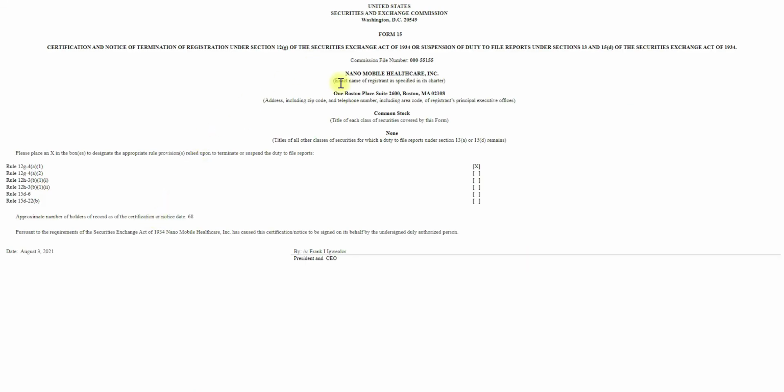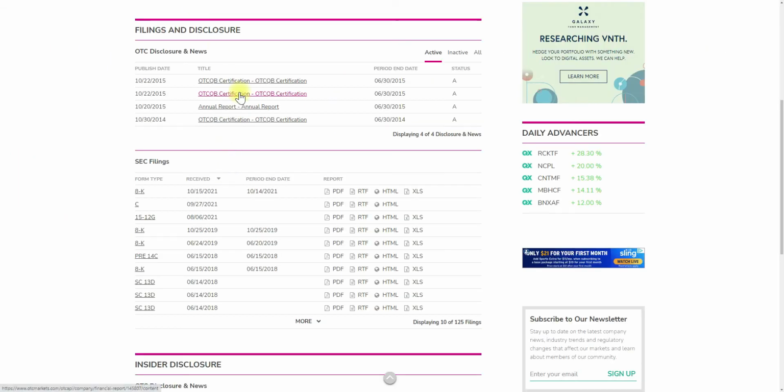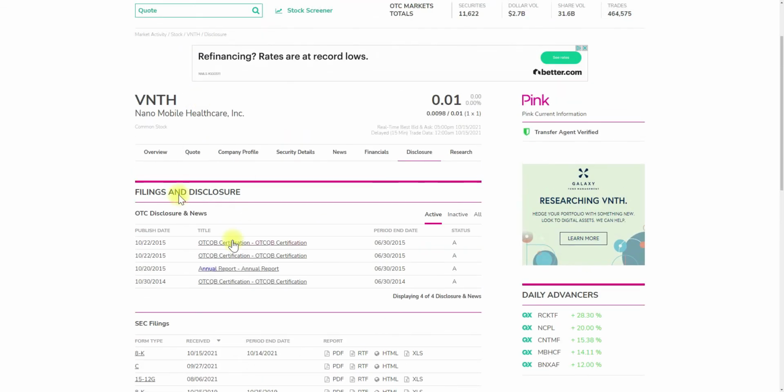You can look these up and they tell you exactly what they are. This is the certification and notice of termination of registration under section 12(g) of the Securities Exchange Act of 1934. It says the company, everything, and places an X on rule 12g-4. So it is the termination of that rule in their filings, and they just have to make it official through the SEC. So you'll be able to find all the filings and everything in here.